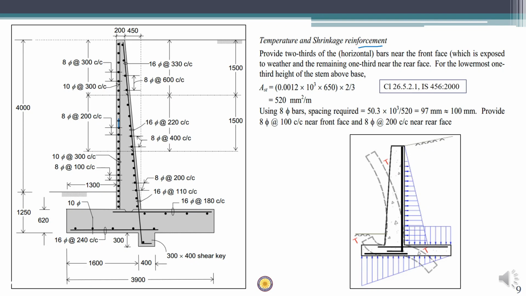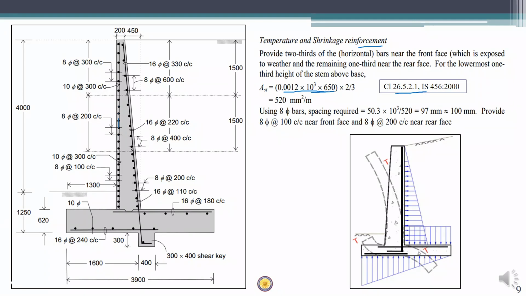As per clause 26.5.2.1, the distribution reinforcement to be provided against shrinkage and temperature is minimum reinforcement, which is 0.12% of total area. So we have already decided that we are going to provide 2/3 on the front facing side and 1/3 on the back facing side. On the front facing side, we have 2/3 of 0.12% of total area, which is 615, which means that AST required on the front face is 520 square millimeters.